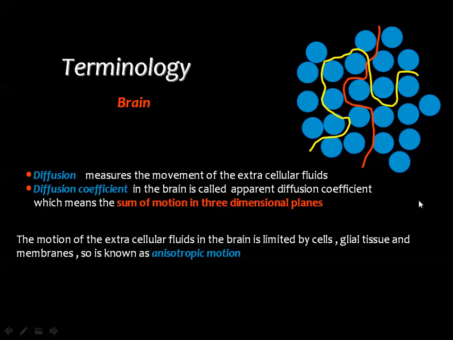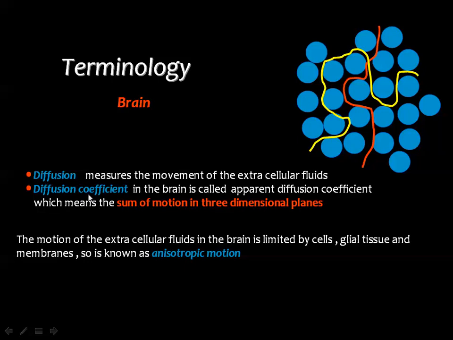And because this movement is random and is obstructed to some extent by the presence of cells, glial tissue, and the membranes, this motion is known as anisotropic motion or anisotropy. And we have the diffusion, which measures the movement of the extracellular fluids in the brain tissue.